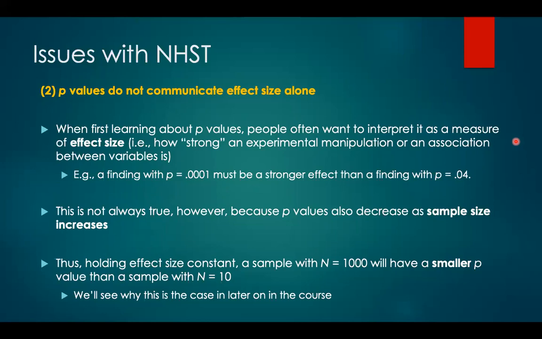Now, this is not always true because p-values actually decrease as a function of sample size increasing. So holding effect size constant, a sample with n equals 1,000 subjects will have a smaller p-value than a sample with n equals 10 subjects, even though the effect size is actually the same. And we'll see why this is specifically later in the course, but for now, know that p-values do not communicate effect size alone.